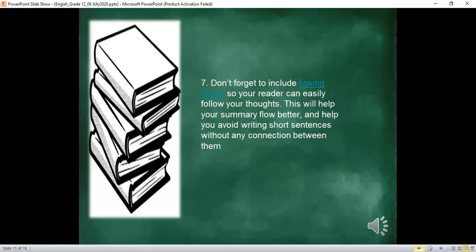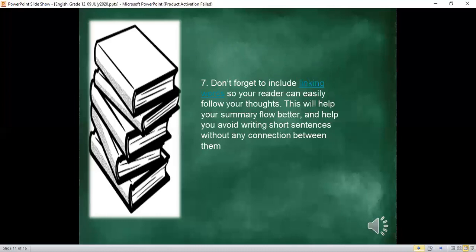So speaking of a smooth flowing summary, there is what we call linking words. These are simply, it's nothing out of the ordinary. It's conjunctions. These are words that you use to create agreement between sentences, or a link between sentences. To create this concord between sentences, you use conjunctions, because it's not supposed to look like separate parts of a different text, but it's supposed to be one coherent body of writing.